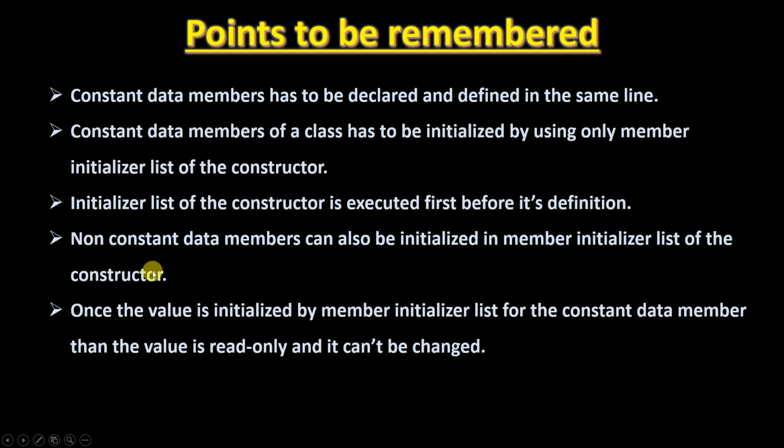Non-constant data members can also be initialized in the member initializer list. So once the constant data member is initialized by the member initializer list, the value is read only and it cannot be modified.